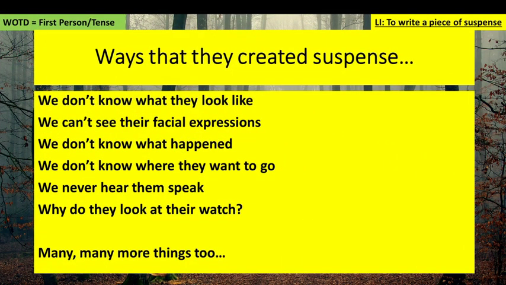Okay, so I made a list when I was watching it, and this is what I came up with. So we do not know what they look like. When we try to create a thought in our head about what people are like, we want to know what they look like so we can gain a better understanding.